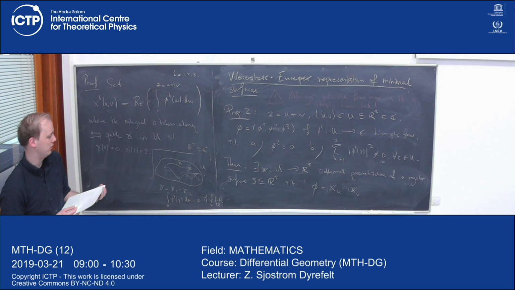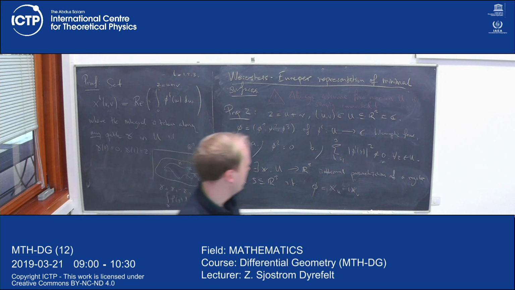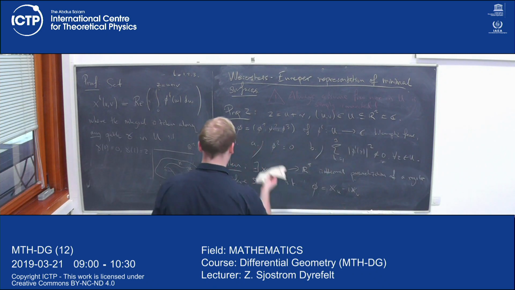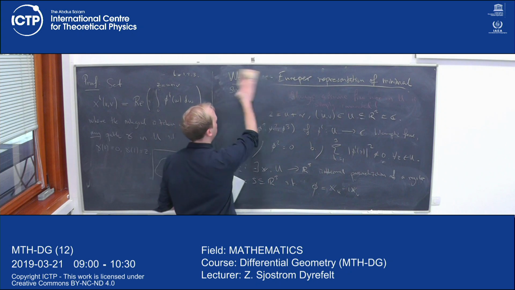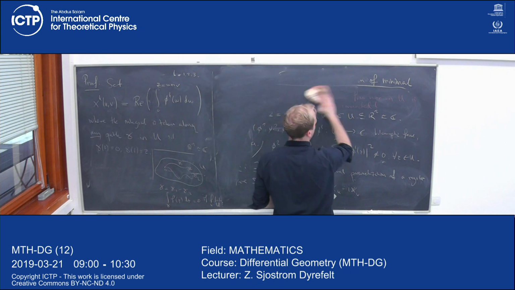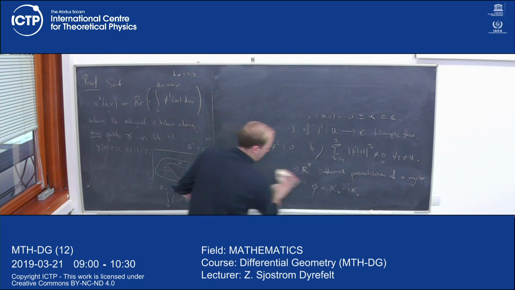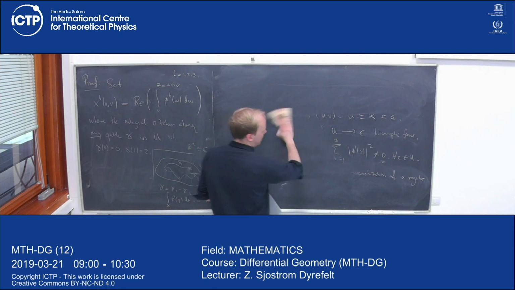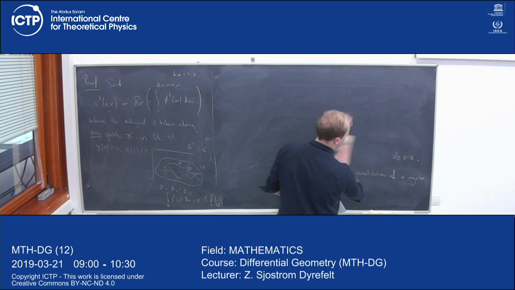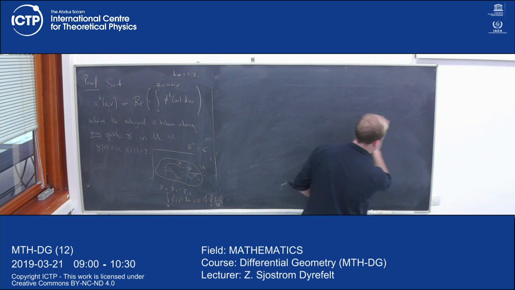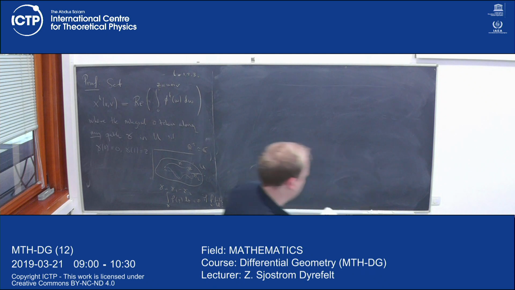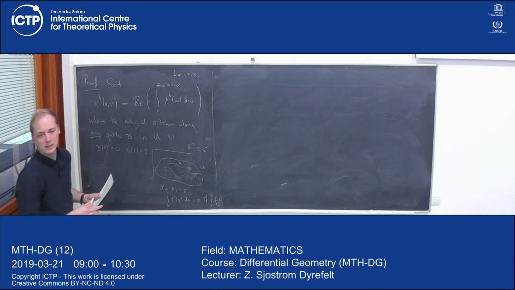And so now what do I have to do? Now I want to use the proposition that we had, right? And for that, the first thing I need to do is to check that these things are actually holomorphic.